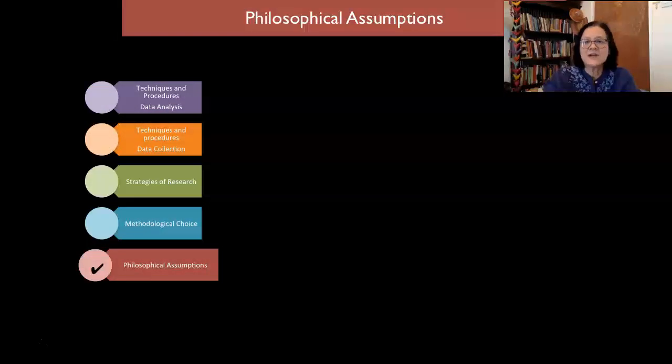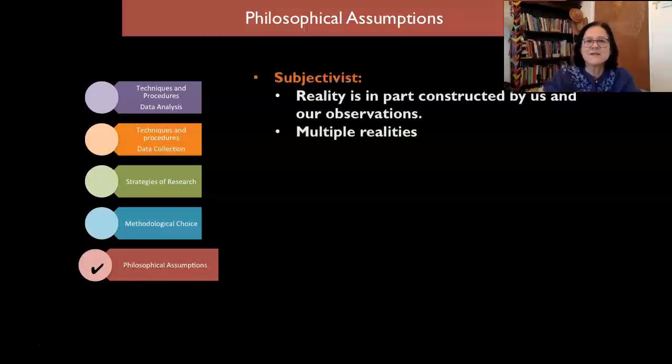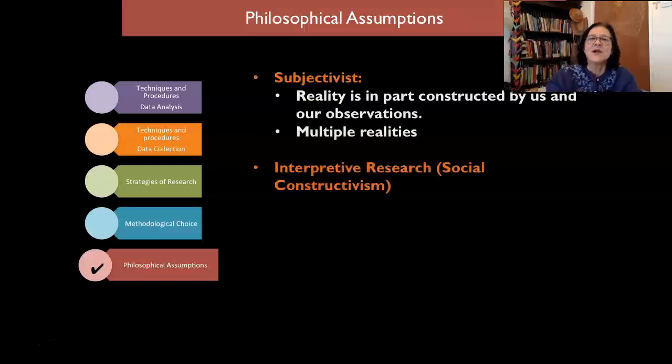And another philosophical assumption is that of a subjectivist, where reality is in part constructed by us and our observations. So a subjectivist person will say, look, there are multiple realities and we can construct them according to how we observe.